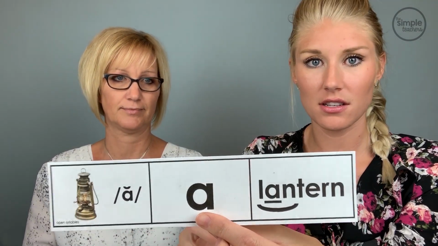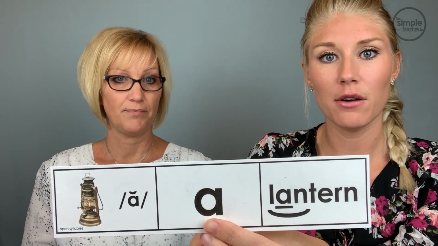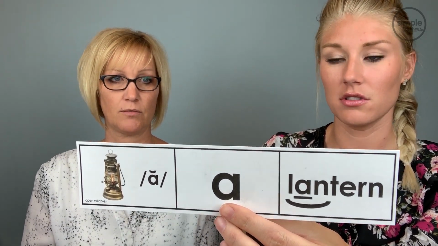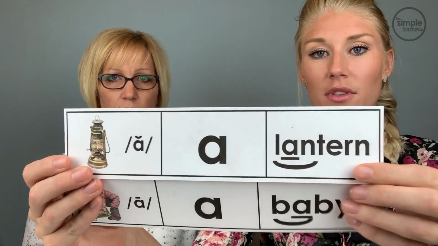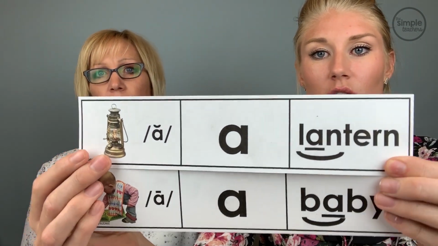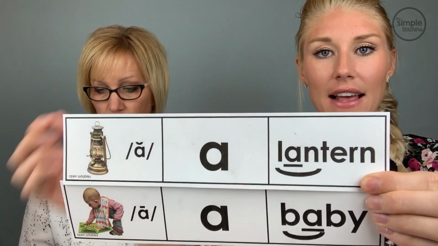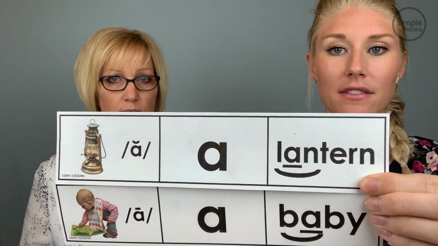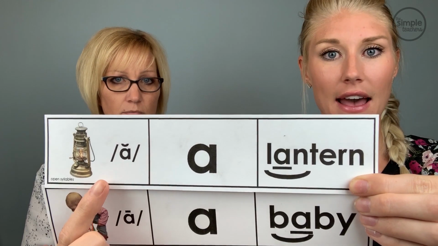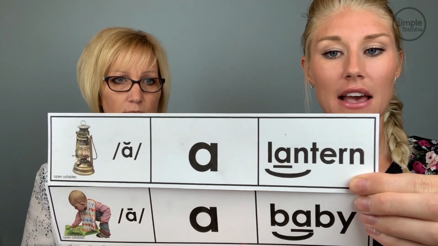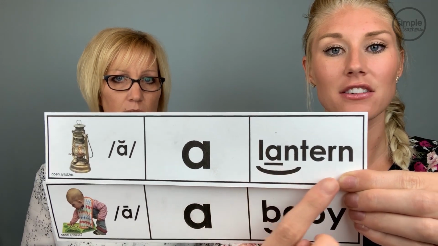All right. So to teach these to your students, we have these cards. Now we focus the cards on the vowels because the vowel will be either the short sound or the long sound, depending on if it's a closed or open syllable. So here's both the A examples. If I were teaching these and I wanted a vowel focus, I could still say, like we have in our prior sound spelling videos, this is sound A. The sound A can be spelled with the letter A. Listen for the sound A in the word lantern.